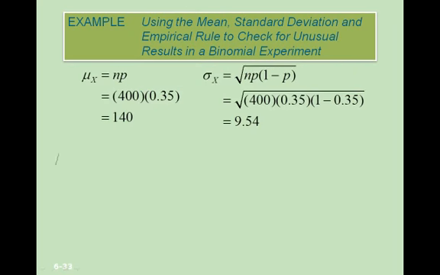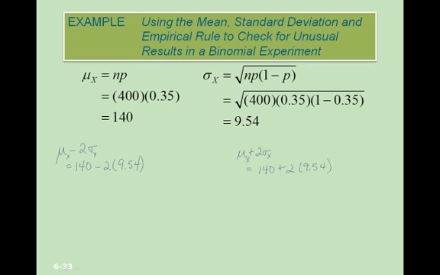So we list those again here. And what we want to calculate is the mean minus 2 standard deviations, and then the mean plus 2 standard deviations. So we have our value of 140 minus 2 times our 9.54. And over here we have 140 plus 2 times that 9.54.